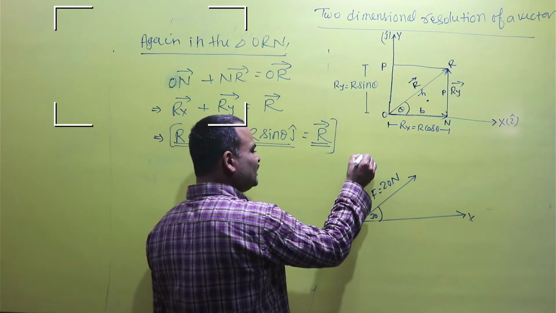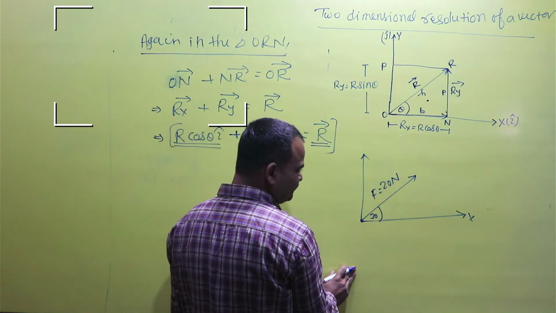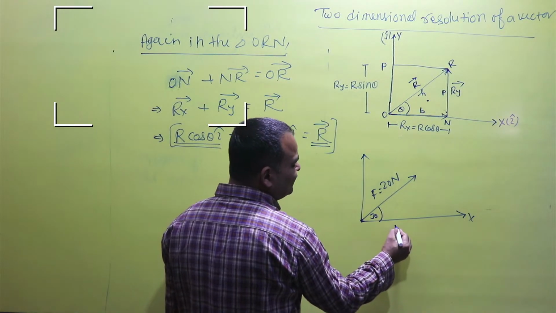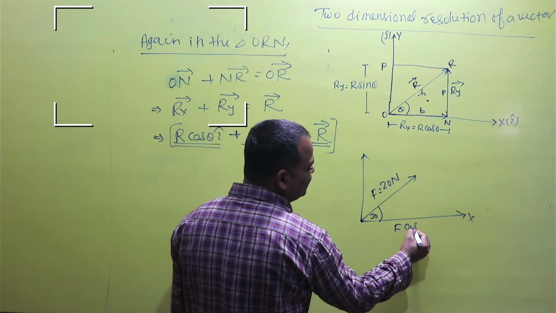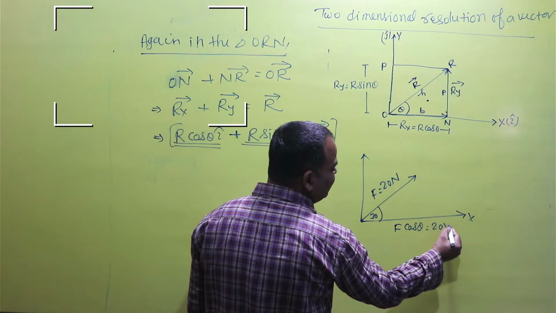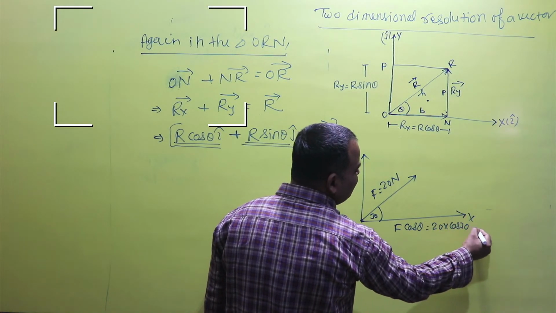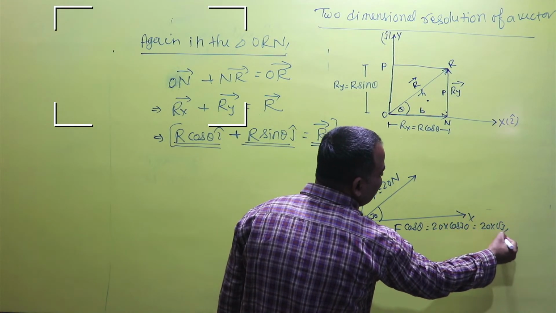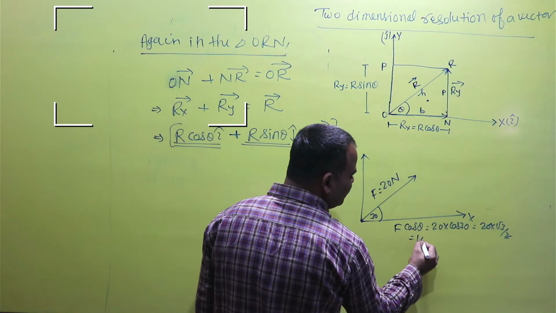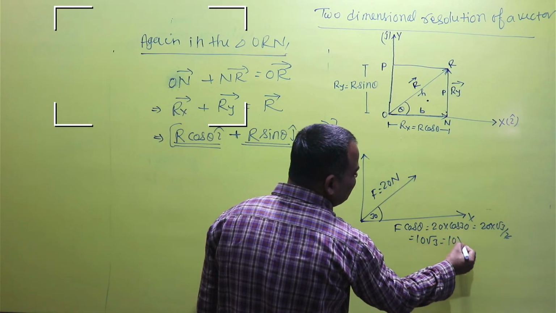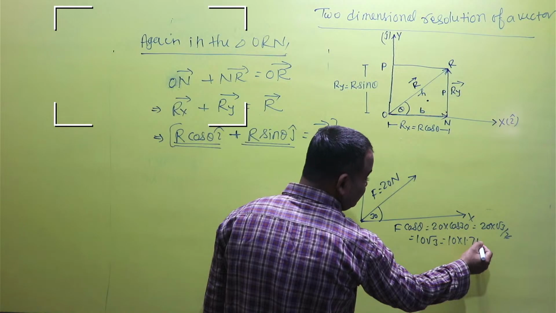Then what will be its components? Already we know that this will be F cos theta. That means 20 cos 30, that means 20 root 3 by 2, which is equal to 10 root 3, which is equal to 10 into 1.7.